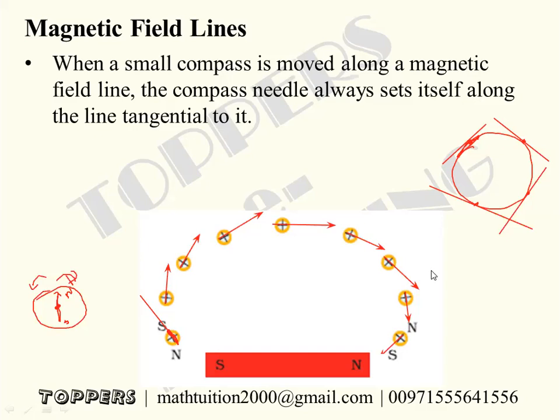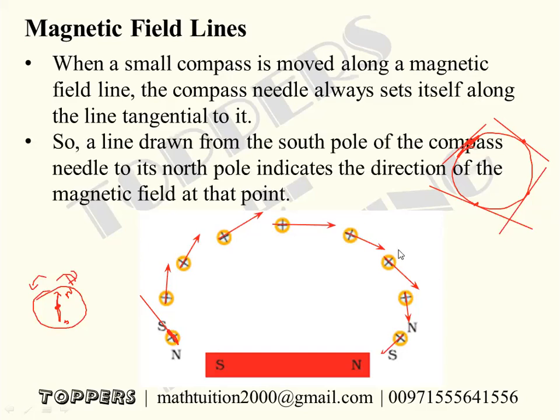Okay, understood? Fine. So a line drawn from the south pole of the compass needle to its north pole indicates the direction of the magnetic field at that point. Suppose this is my compass.